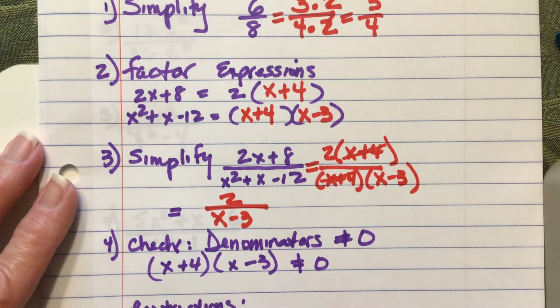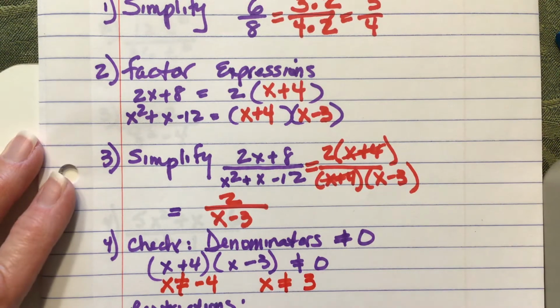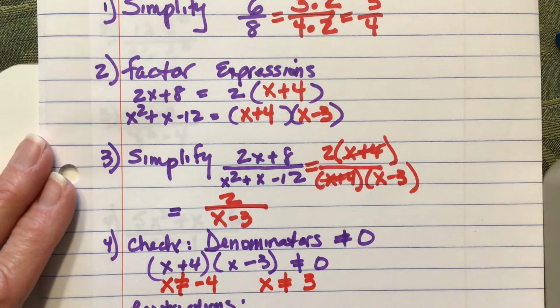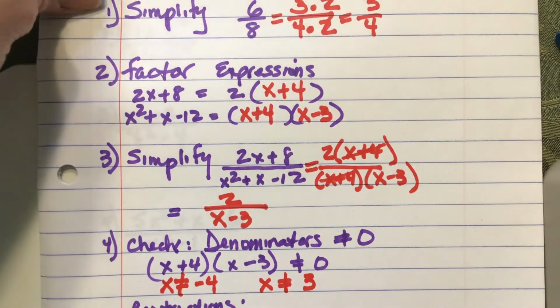So if I set them each separately equal to 0, x cannot be negative 4, and x cannot be positive 3. So my restrictions are that this is a simplified expression as long as x is not equal to negative 4 or 3. That's my restriction on my expression.